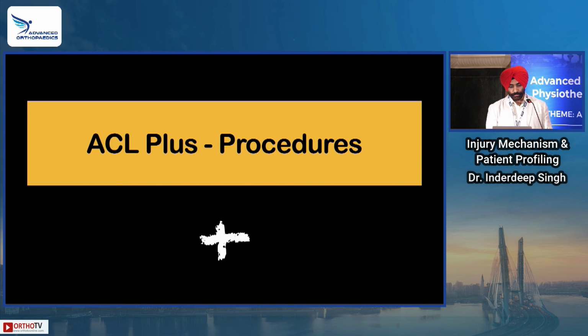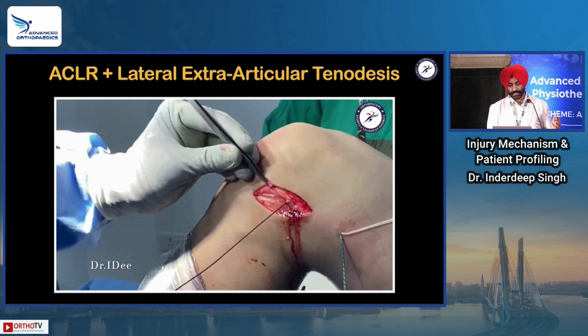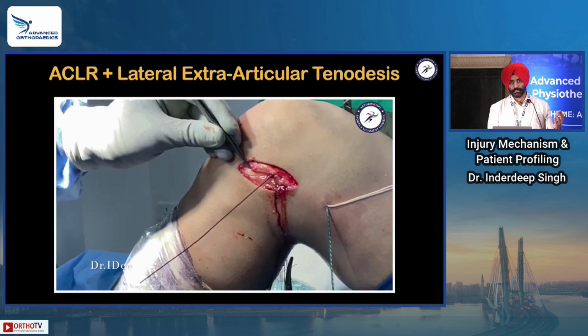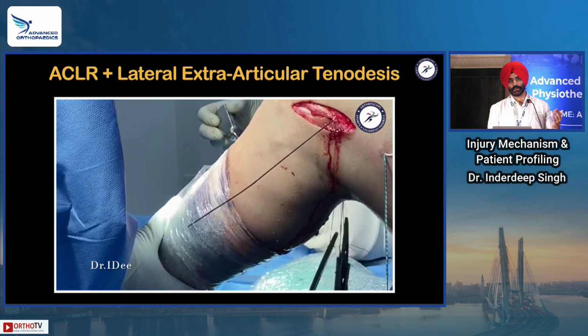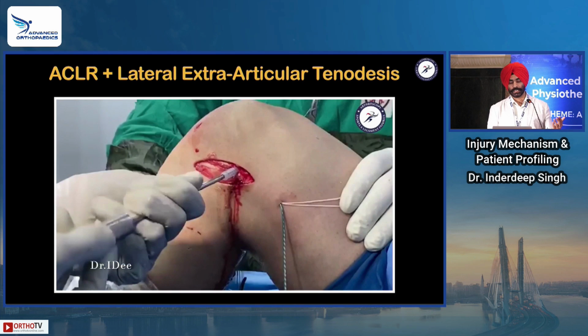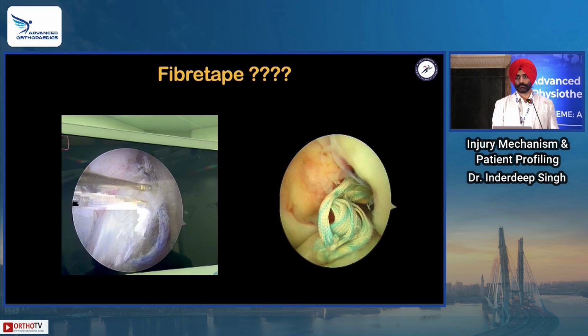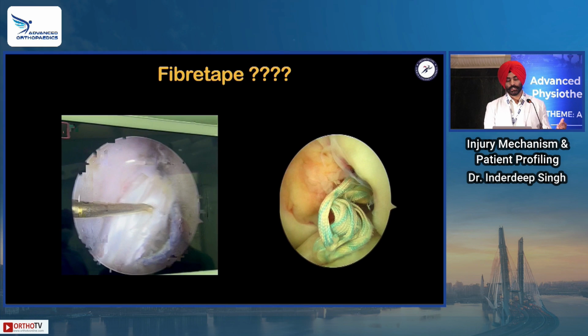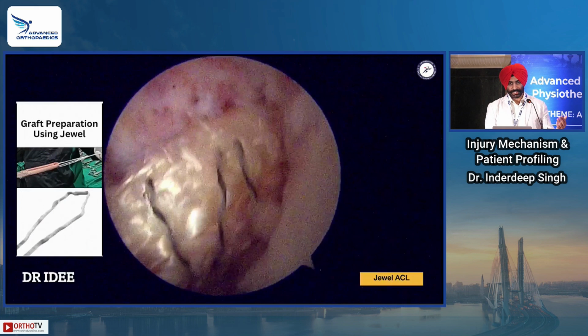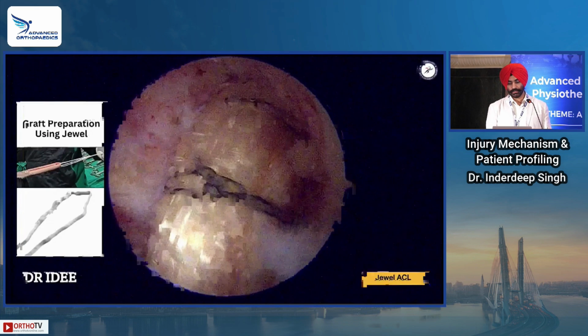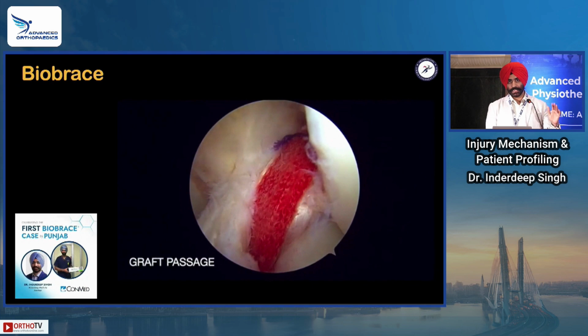And a few patients who have a lot of ligamentous laxity need an extra procedure like lateral extra-articular tenodesis or ALL reconstruction, anterolateral ligament reconstruction. Fiber tape was very commonly used or abused, so it has its own benefits and disadvantages. Again, there are a few synthetic grafts which have come into the market, which can be customized as per the need of the patient.